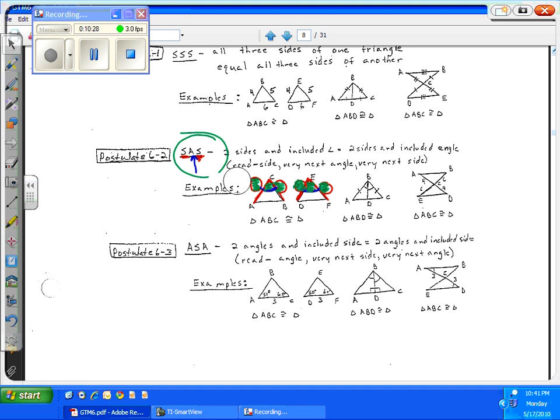Now, looking at the congruency, A was opposite the side that was 4. It would correspond to the side opposite the 4, which is D, so D would go first. B was opposite the side that was 3.